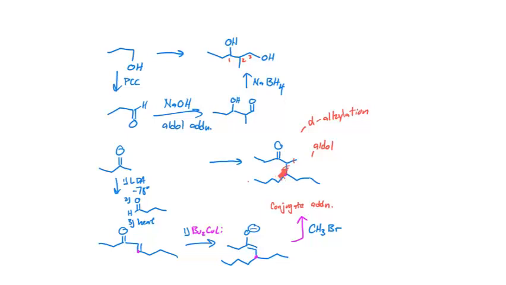Essentially, we're creating this CC bond via an aldol addition or aldol condensation. And then we have the ability to add other carbons to that alpha position as well via alpha alkylation. And say we could add these parts separately, one of them in an aldol condensation, the other one in a Michael addition. So we should start to learn to recognize those when we're faced with a synthetic target.